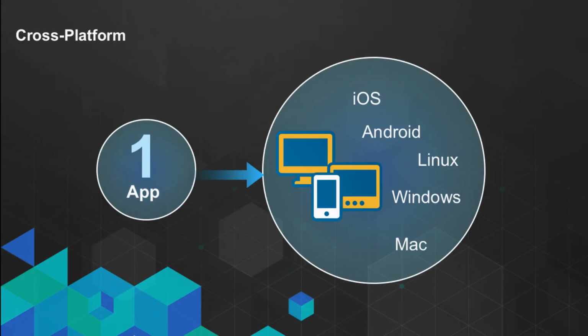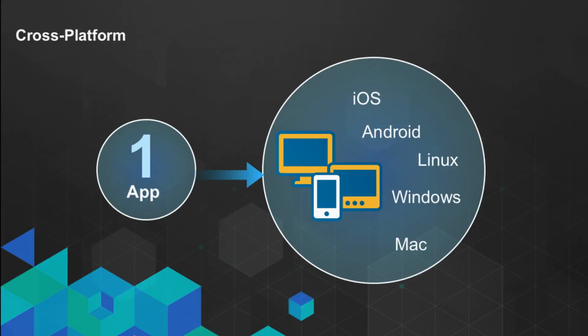Okay, so by cross-platform we mean Android, iOS, iPads, iPhones, Linux, Windows, and Mac. So basically we target the phones and mobile devices, but we also target desktops and laptops and any other form of things that can run this.